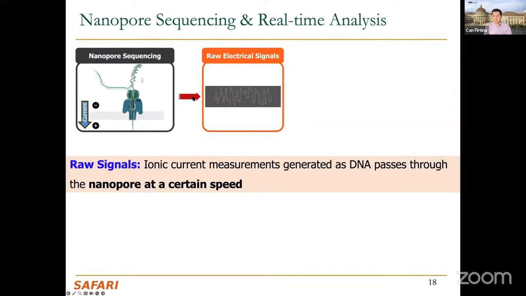But as I said, the nanopore sequencing idea has been around for the last 4 decades.